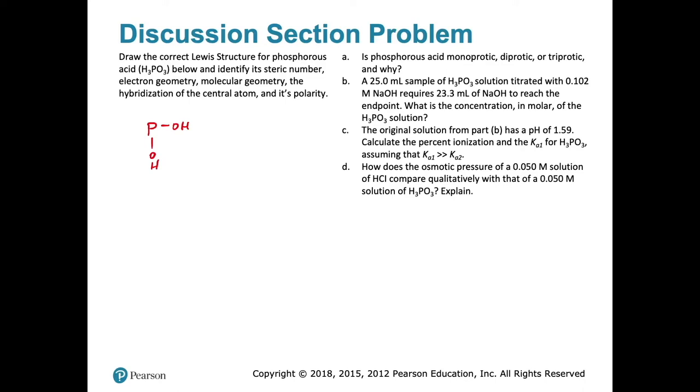Where it changes is that phosphorus acid only has 3 oxygens on it instead of 4, so to complete the outer shell of phosphorus, we have to have 5 bonds to it, and the only way we can get 5 bonds is by drawing it like this. So that's the correct Lewis structure for phosphorus acid, okay?